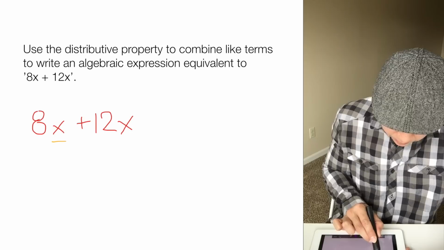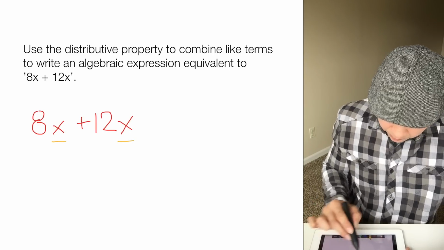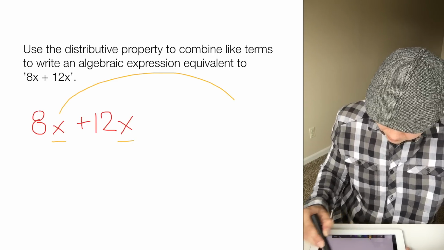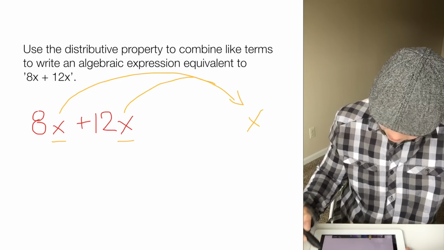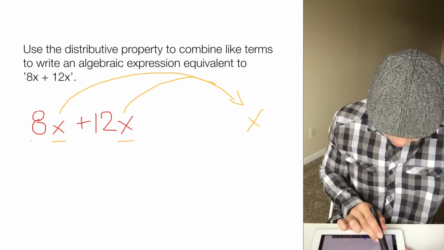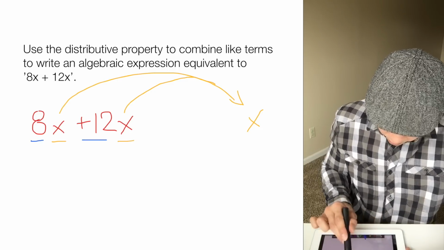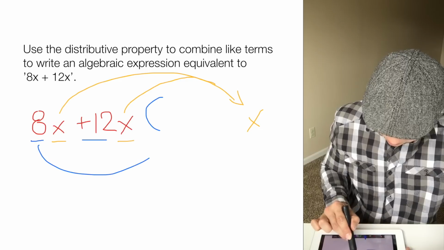So here we have 8x plus 12x. So our like terms are x. So that means we can combine them into just x. Now we can get our 8 plus 12 and write that here.